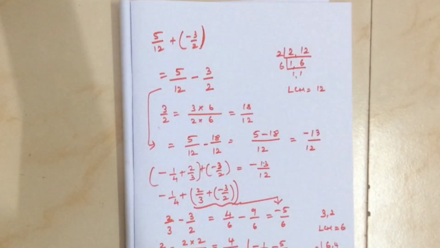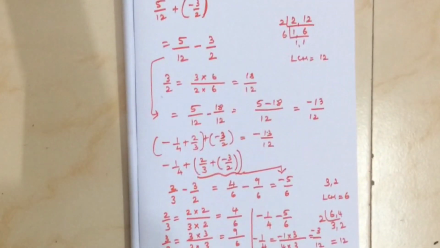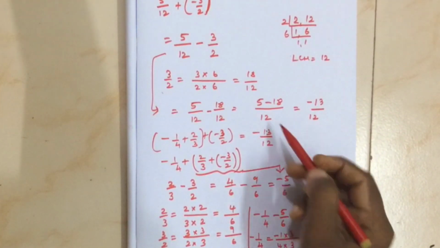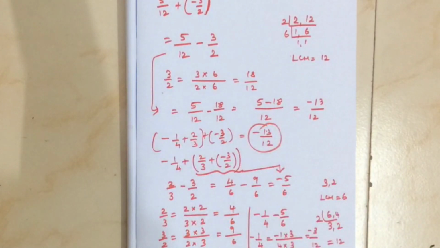When signs are the same, we have to add. So minus 3 minus 10 is minus 13 by 12, which is equivalent to the left hand side, so left hand side and right hand side are equal. So what does it mean for rational numbers? Addition is associative. Okay. So next we are going to see the same thing for subtraction.